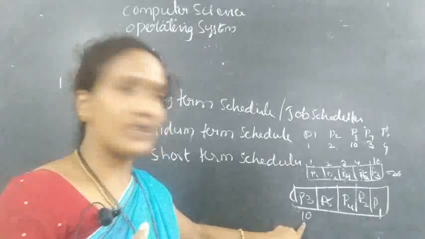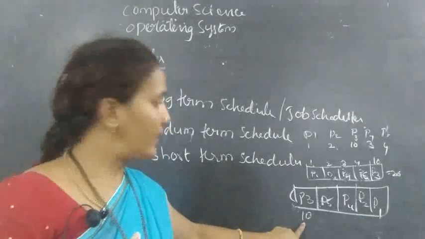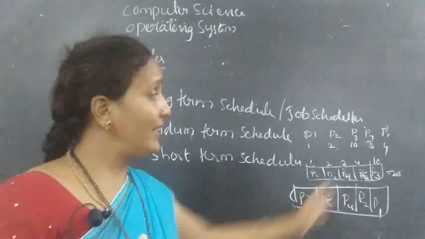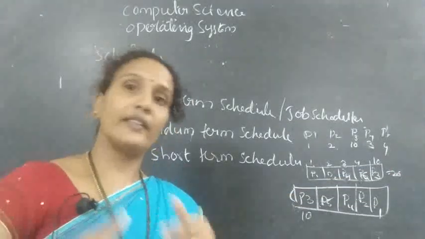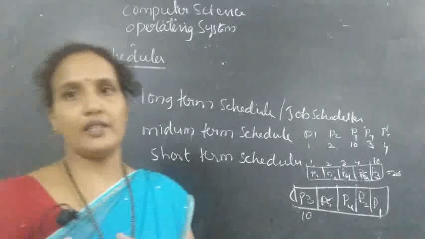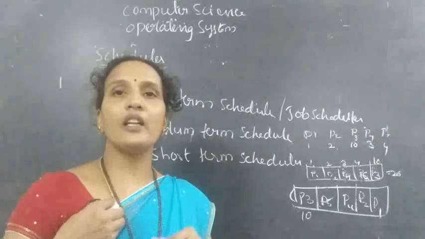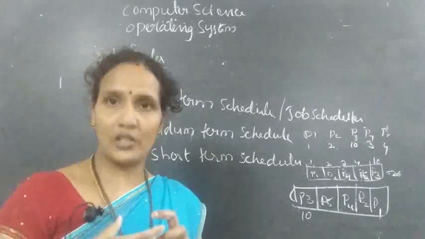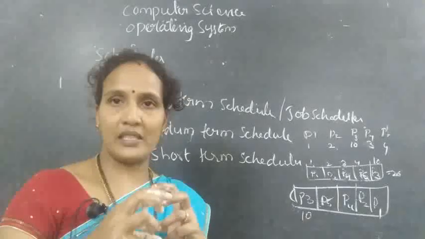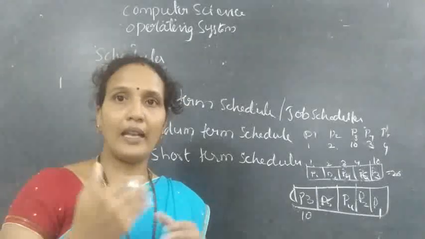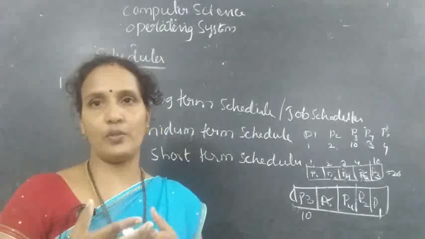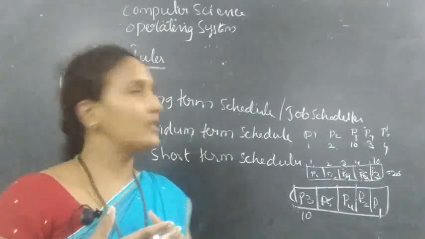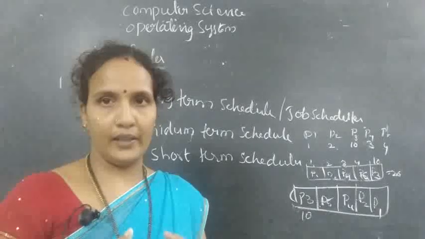First process P3 executes for 10 milliseconds. The next processes, even though their execution time is very small, have to wait for 10 milliseconds. So when creating a queue, it should be such that the waiting time for all the remaining processes is less. Then the CPU performance will increase.